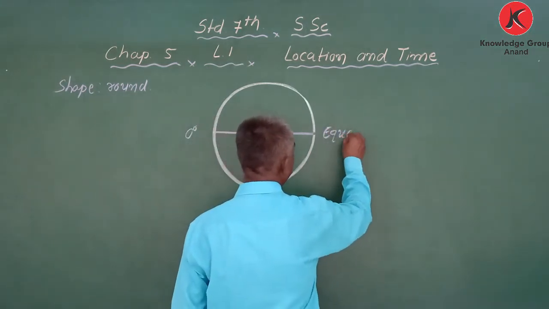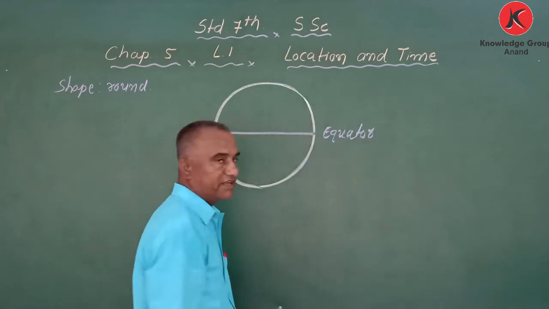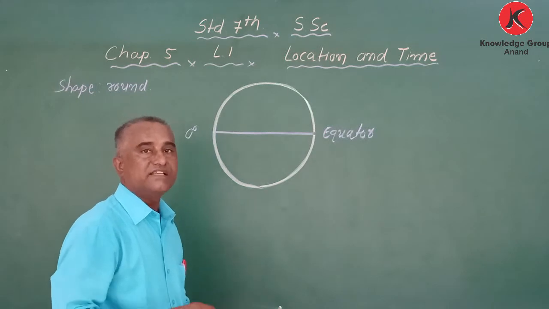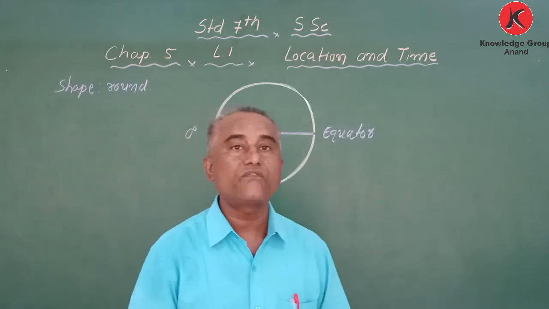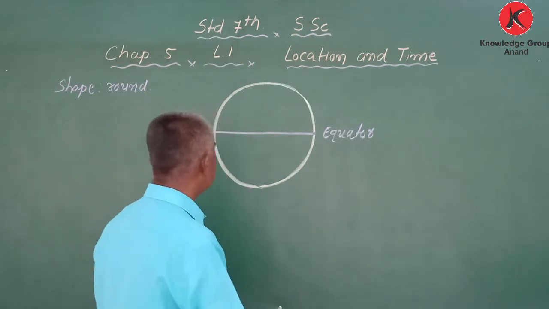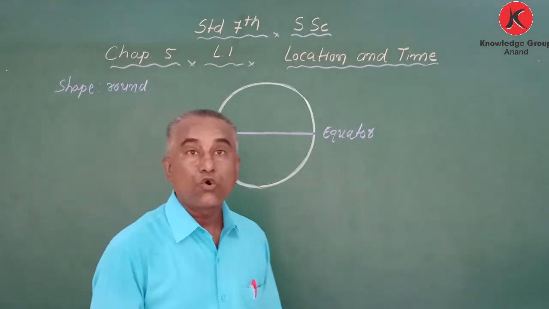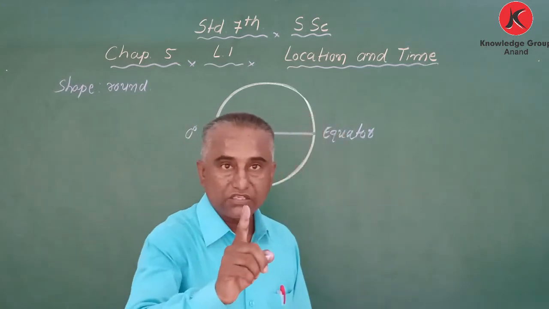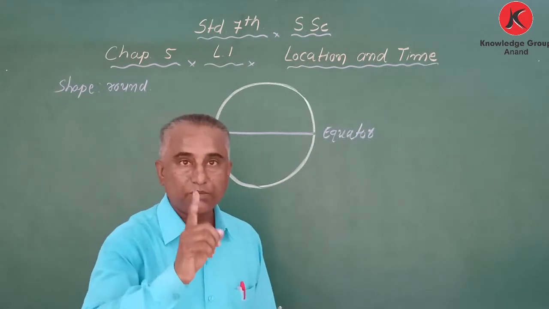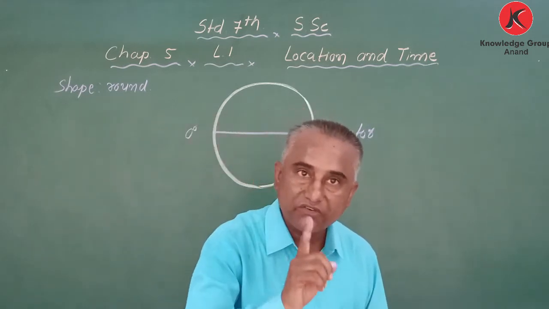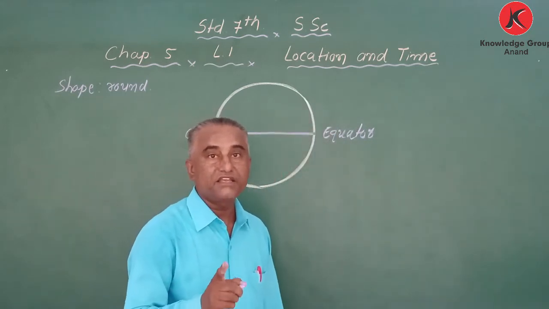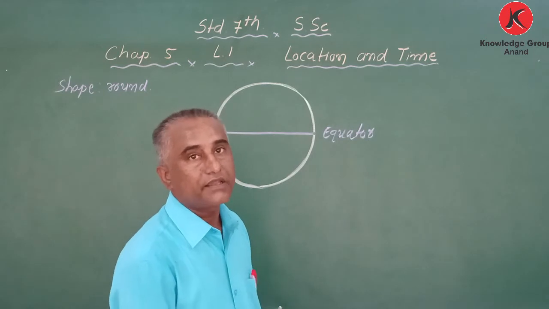Got it? Equator. If I ask what is the definition of equator, you have to say: the horizontal imaginary line which divides the earth into two halves, and degree is 0, that is called equator.